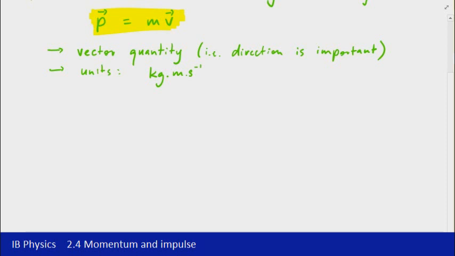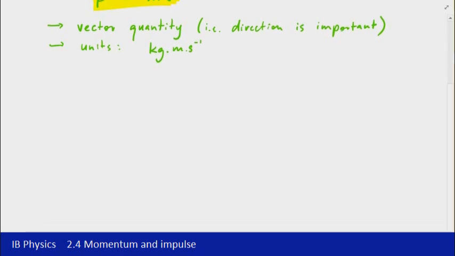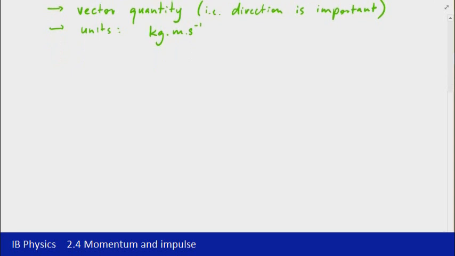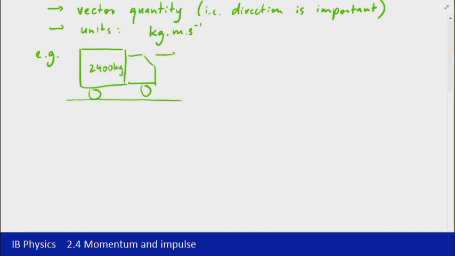So again, it's a bit of an unusual one. If you said that something had a momentum of 5 kilogram meters per second, it's not an easy quantity to draw to mind as to what that actually relates to. To give you an example though, imagine we have a truck that's relatively heavy and has a mass of 2,400 kilograms. And that truck is moving along with a velocity of 5 meters per second to the right.